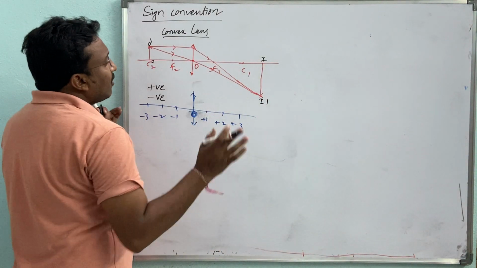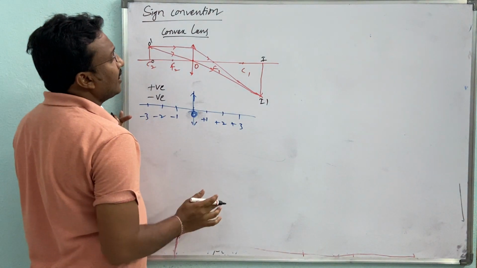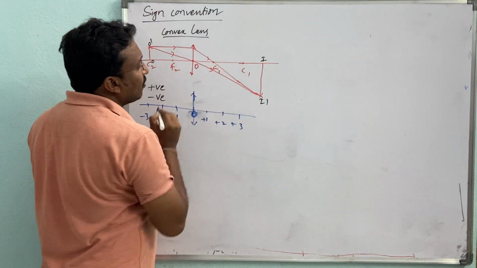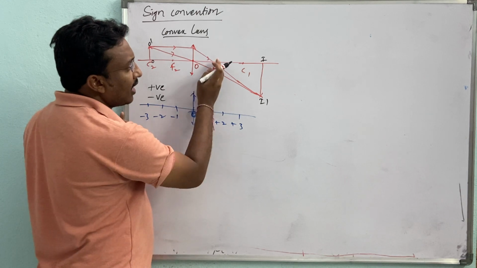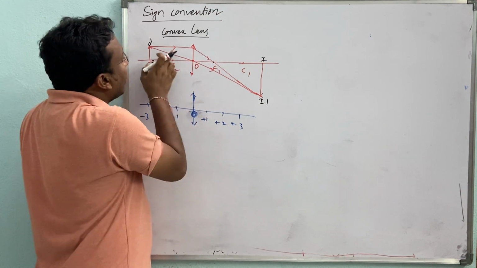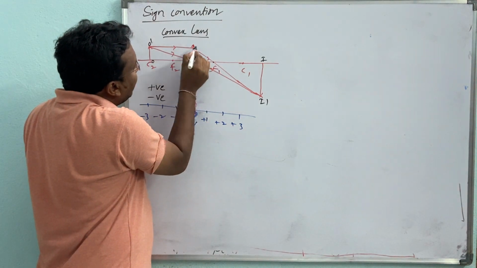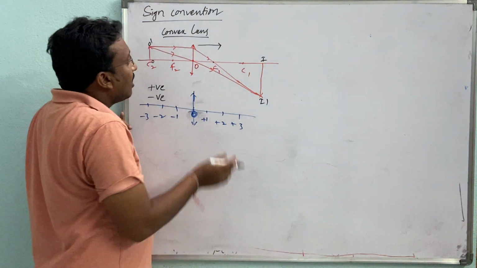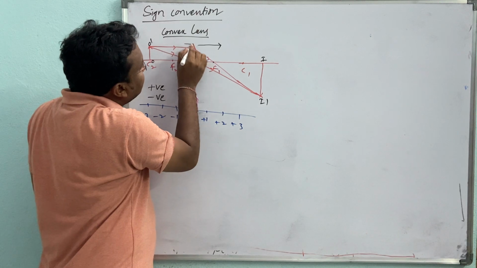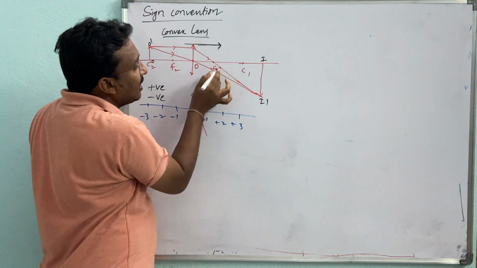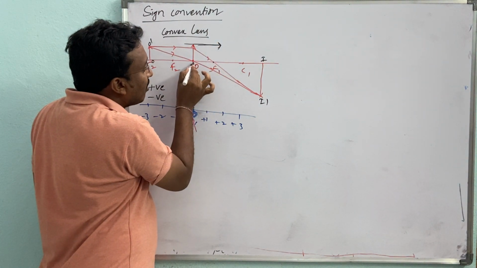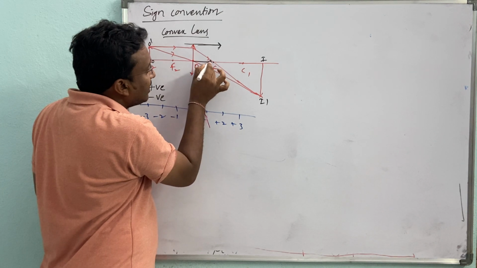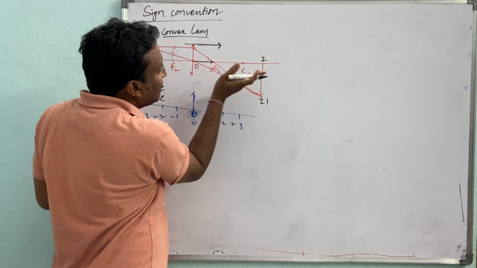Then see here. With that, first I want to measure the focal length. Where is it? This is the focal length. Okay, this is the main focal length. Right. The incident ray is in which direction? This direction. The incident ray is traveling towards the right side, no? Then the focal length from the optic center we have to measure in this direction, no? Both arrows are in the same direction.